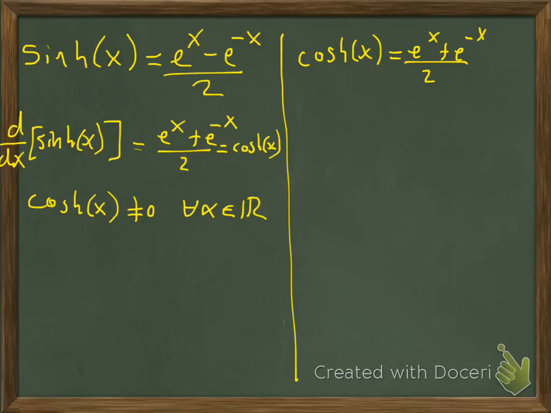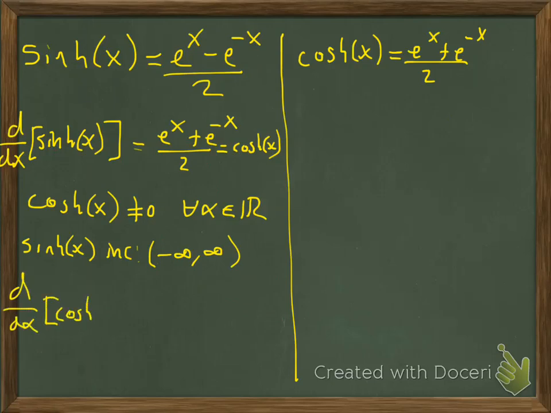All right. Now we're going to look at the second derivative to talk about concavity. So one, we know that the sinh of x is increasing all the time. We're going to check out the concavity. Now, we're looking at the second derivative, so we're going to look at the cosh.